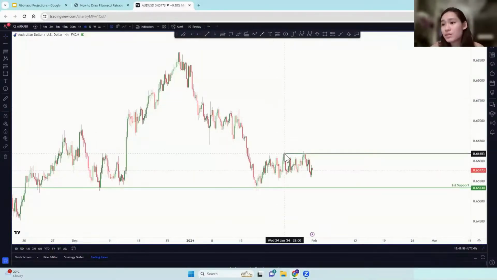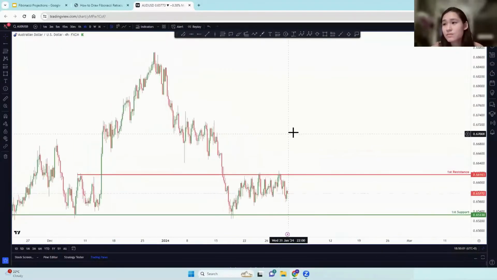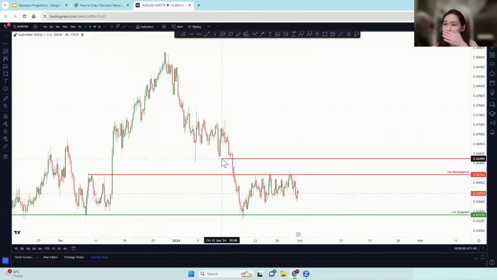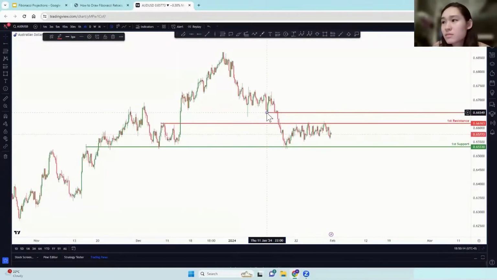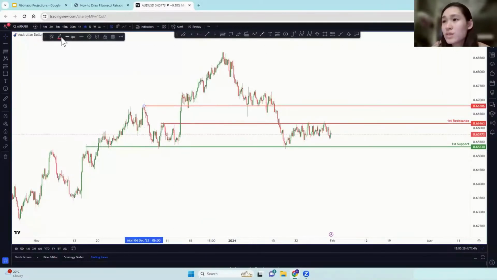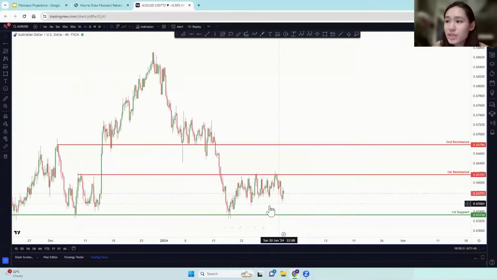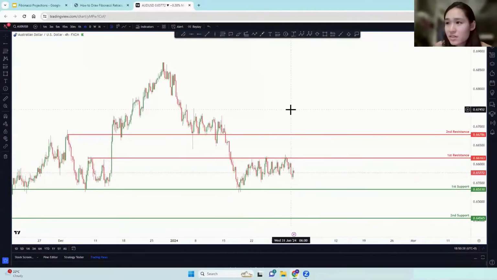And then my first resistance would be here. This would be my second resistance, and my second support would just be here. I think you can see price moving within this channel here. I think we would continue to see price kind of testing this area.